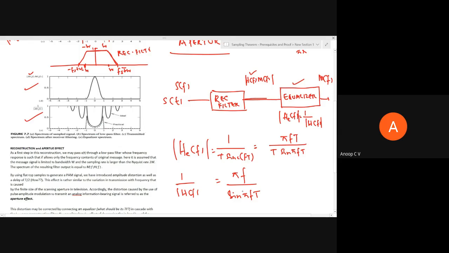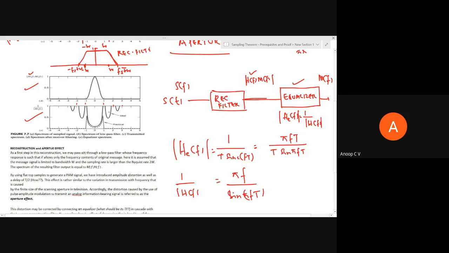And at f equal to 1, 2, 3, or integer multiples, when this argument is an integer multiple of pi, this denominator will become 0, and at that time it will not be defined. It will go to infinity, and otherwise we'll get a function like this.